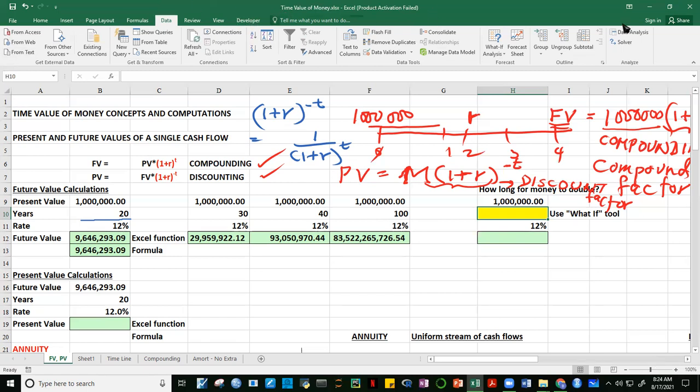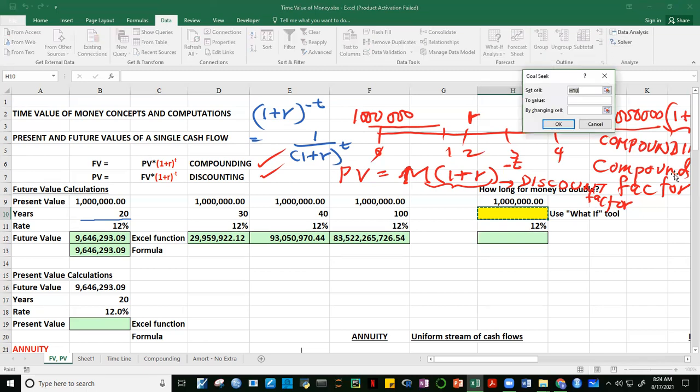Remember yung data, and then dito sa what if analysis. Tingnan natin yung syntax ng goal seek, ha? Ano yung isi-set cell natin? What do we set, guys? H12, okay. Khalil, thank you.